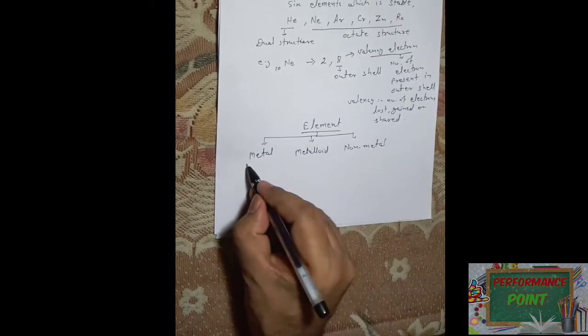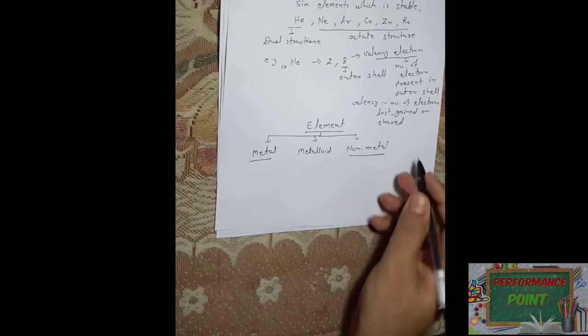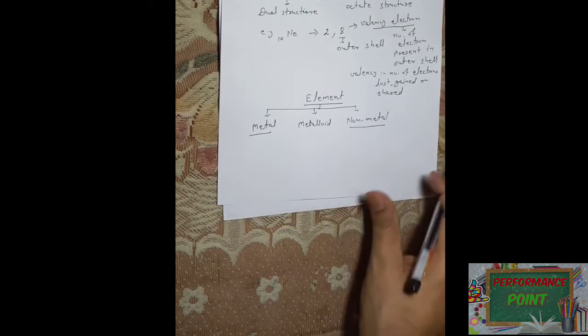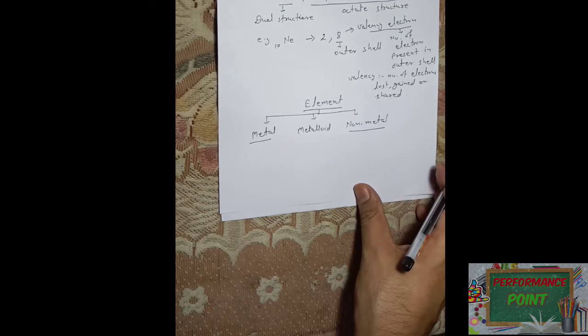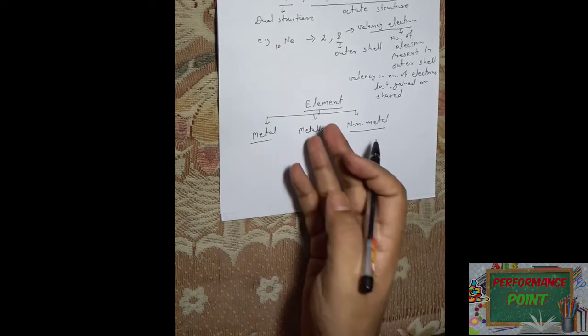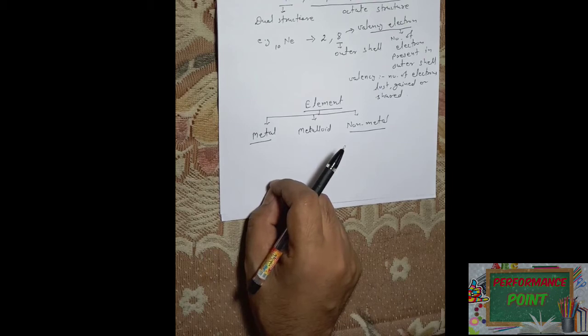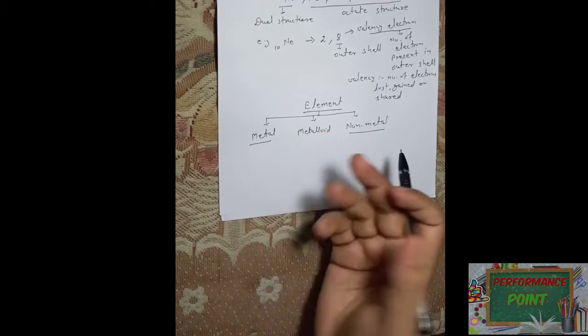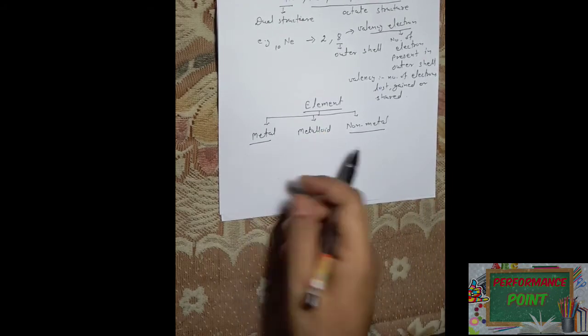Let's understand metal and non-metal first, because metalloids are only a few elements whose behavior is similar to that of metals, like silicon, which has 4 electrons in its outer shell.